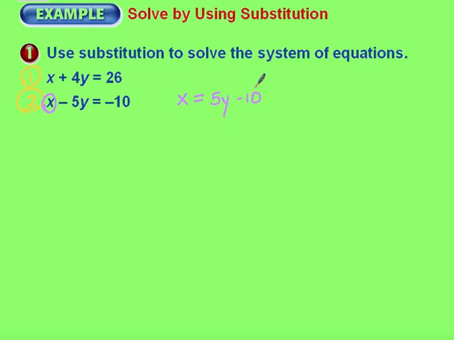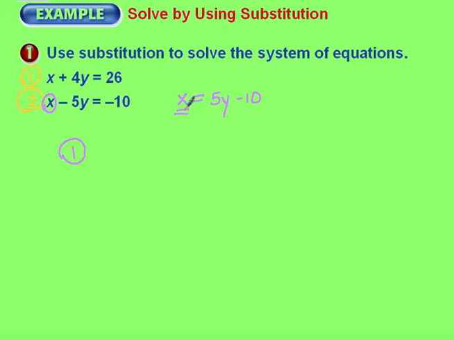Now, since I used the second equation to solve for x, I'm going to utilize the first equation. So I always have to go to the equation that I didn't use. All right, so I'm going to go back to equation 1.